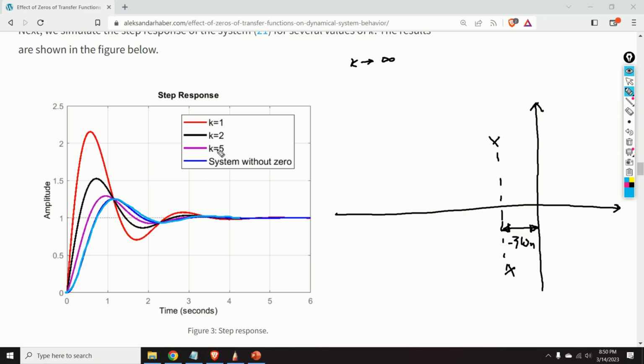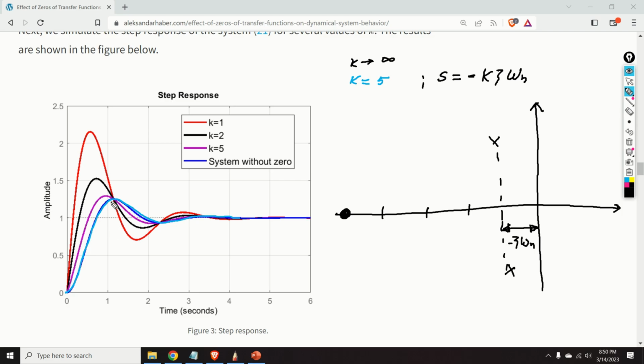Next, let us set k equal to 5. Graphically, this means that we locate the zero over here. 2, 3, 4, 5. So the zero is located over here. Remember that zeros are given by s equal to minus k zeta omega n.